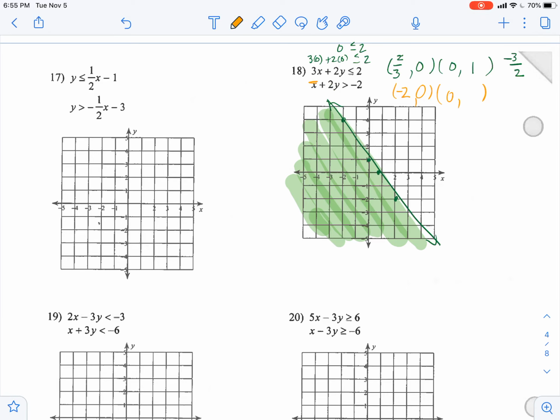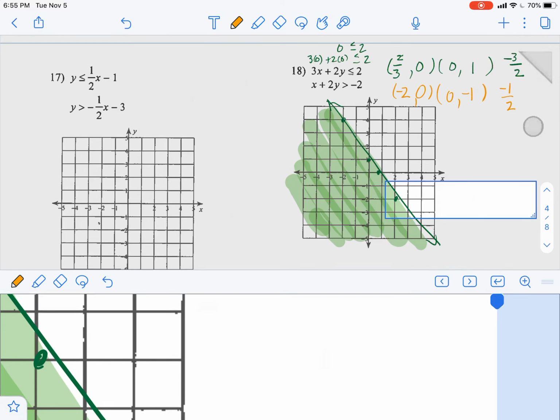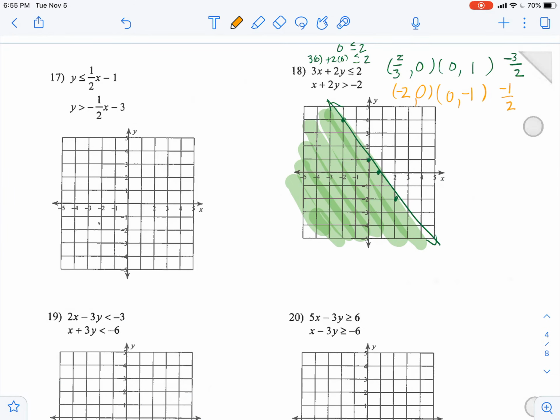If x is 0, y is -1, and my slope is -a over b, so that would be -1 over 2. Okay, start graphing. So I've got (-2, 0). I need to just figure out a way to make my points bigger. There we go. (-2, 0) and (0, -1).